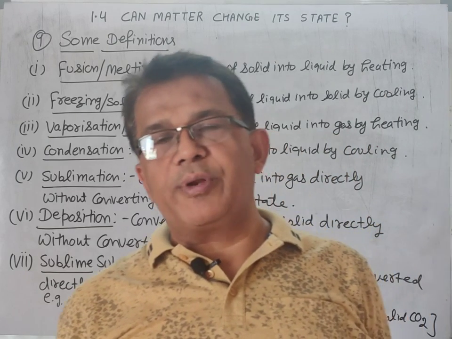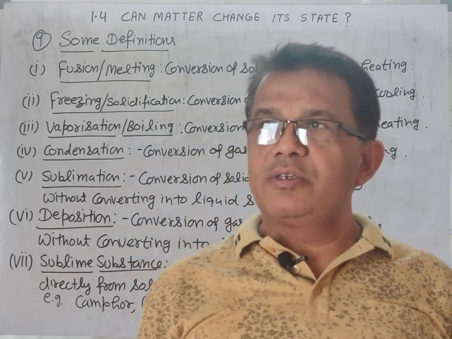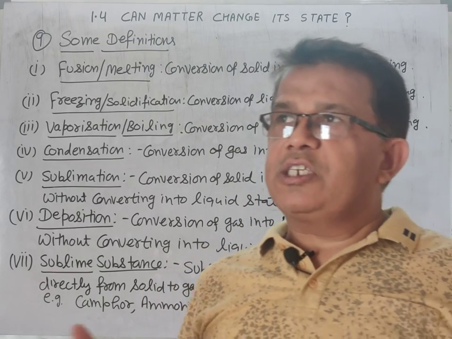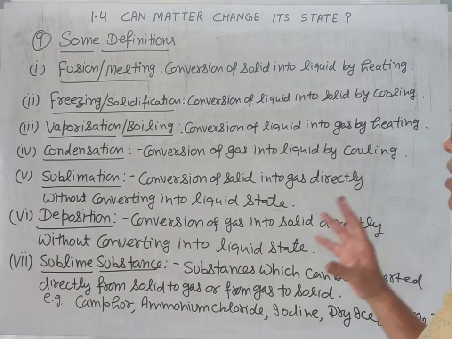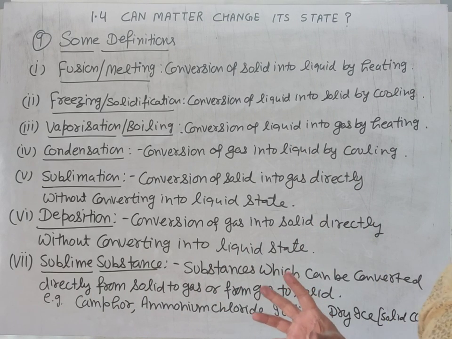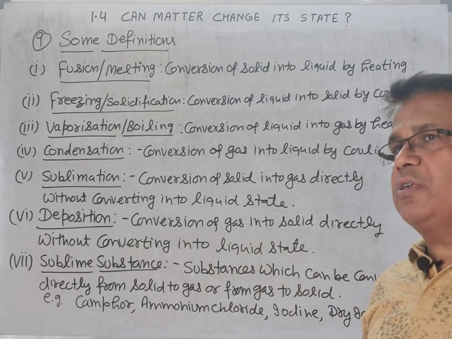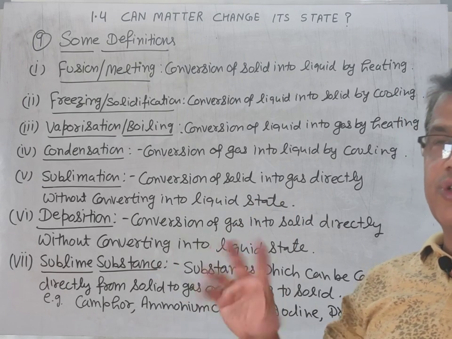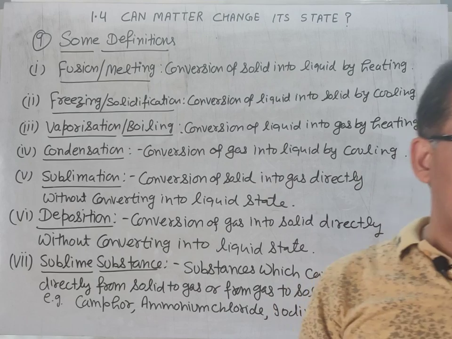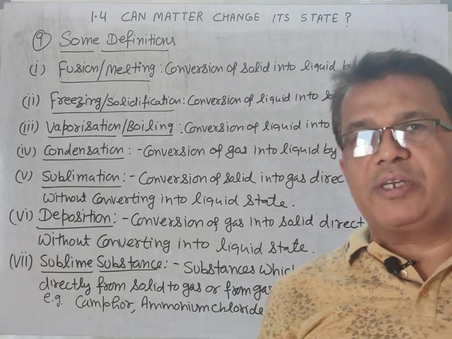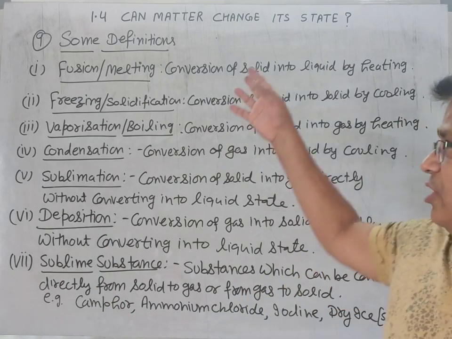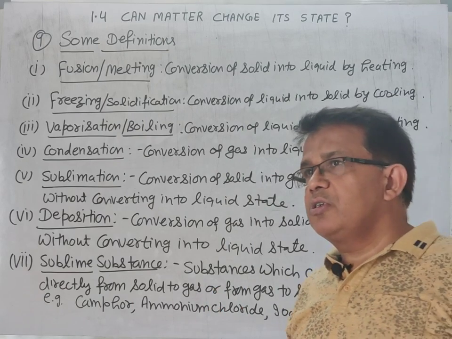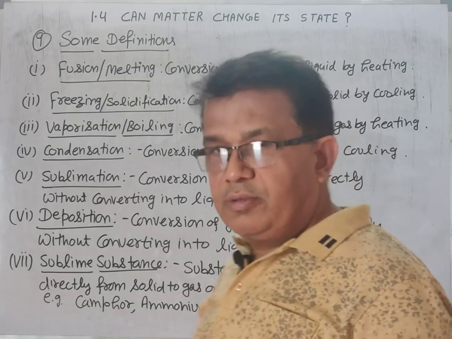Boiling point is the temperature at which liquid converts into gas, and these melting and boiling points indicate the strength of the force of attraction between particles. Then various physical states can be converted into each other either by changing the temperature or by changing the pressure, and these are the definitions of the various processes which are involved in conversion. Thank you.